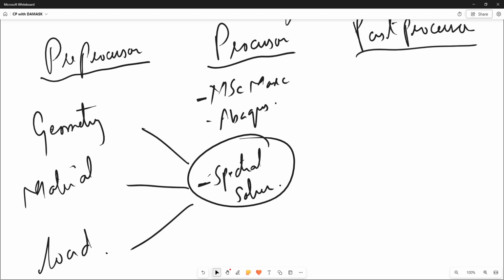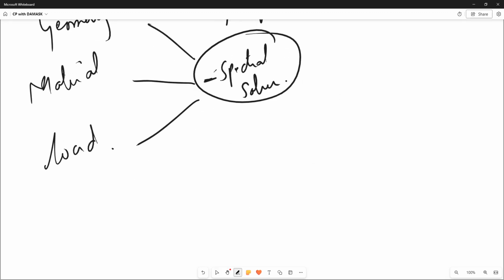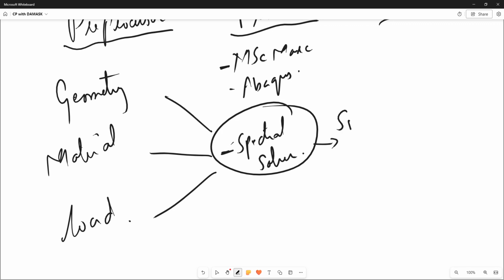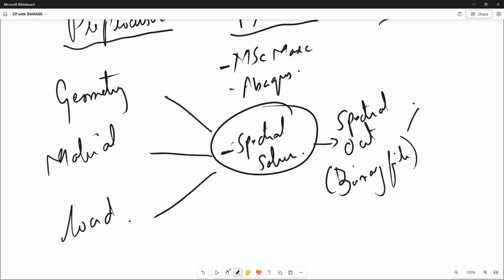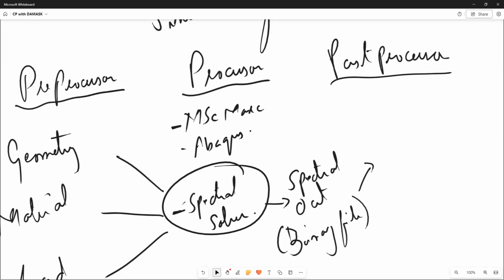And once we solve all these equations, the output is written in terms of a spectral out file, which is a binary file, and then we use scripts specifically to read data from this binary file and, for example, find out stress, strain, orientation, what else.